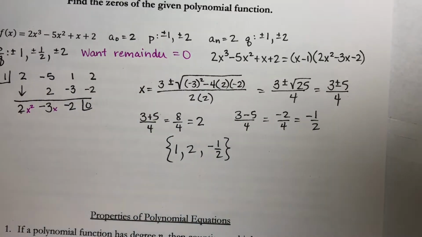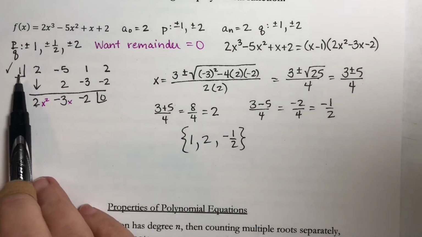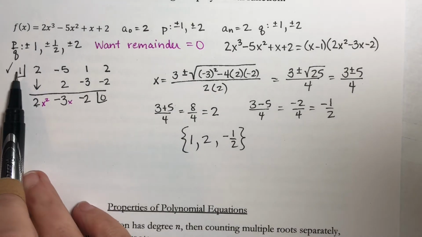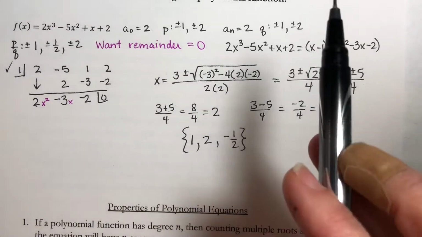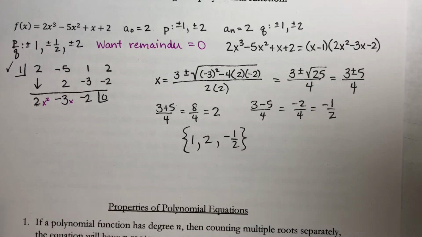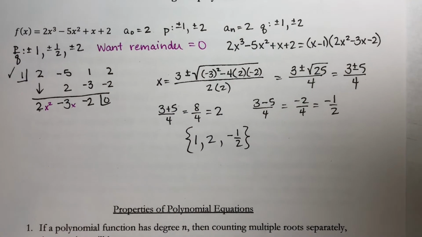This is what we're going to be doing. If we had guessed something here that did not work, we would have gotten something other than a 0, and we would have scrapped that one, tried the next number, and gone on. Basically, it's a process of elimination until you find your first solution.